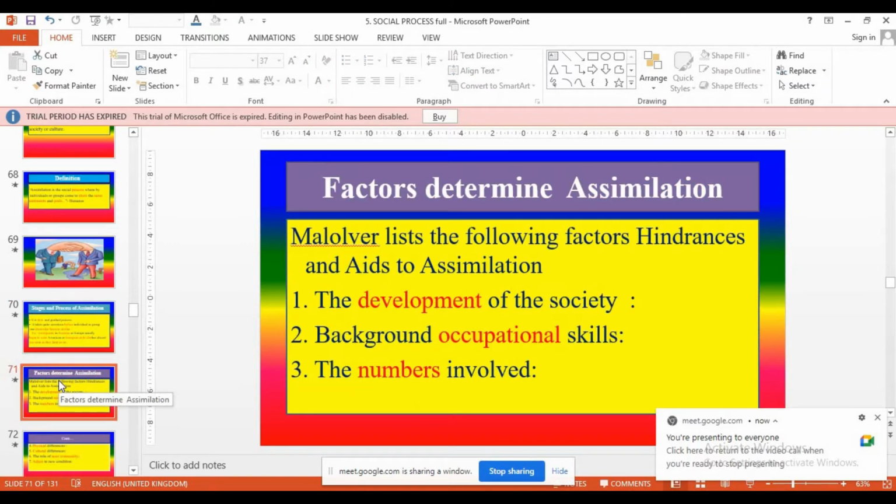Next, factors determining assimilation. Students, assimilation is an important social process which enhances the association between members of groups or society. MacIver lists the following factors, hindrances and aids to assimilation.